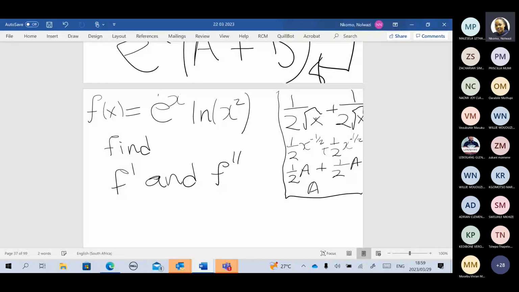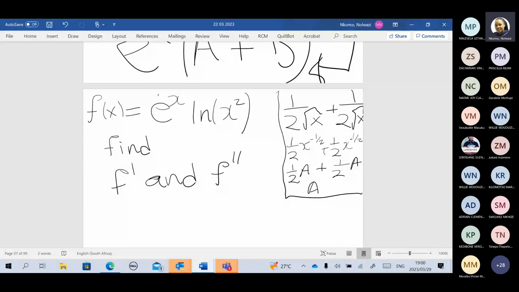Okay, I'm giving you 5 minutes to find f prime and f double prime here.